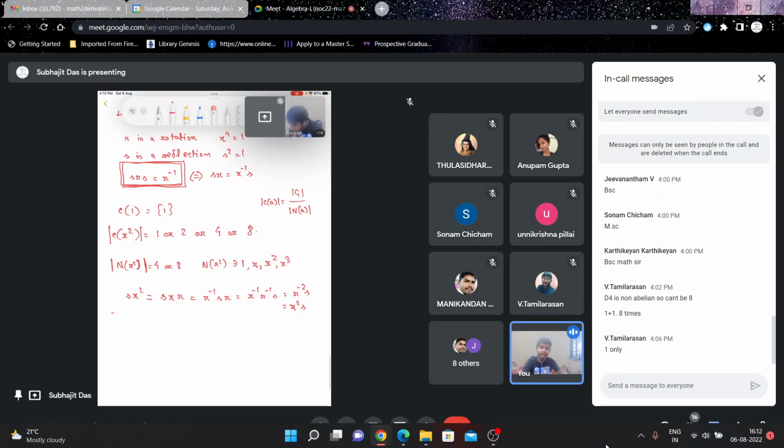So the normalizer has 5 elements in it, right? And hence the normalizer of R square has order greater than or equal to 5, which implies that the normalizer of R square must have order 8, right?